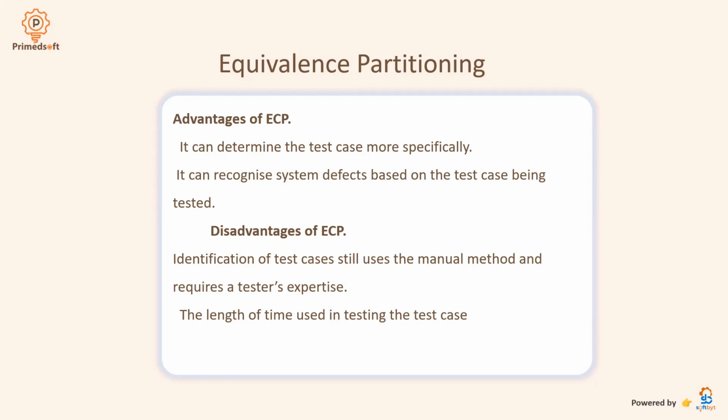It can identify an error when someone enters a value within that valid partition. When you are testing the negative one, you've chosen 14, for example. If there is an error within that negative one, it would obviously capture it.